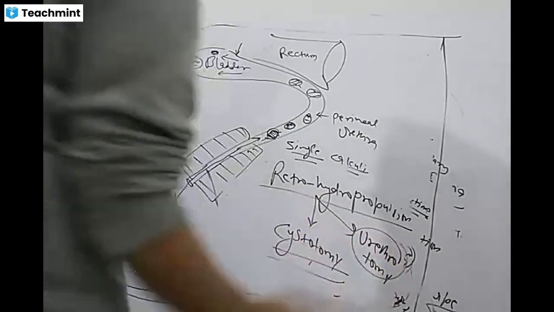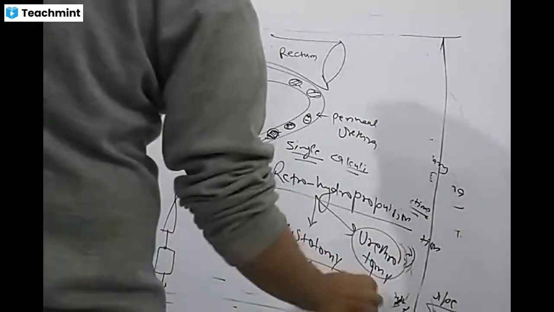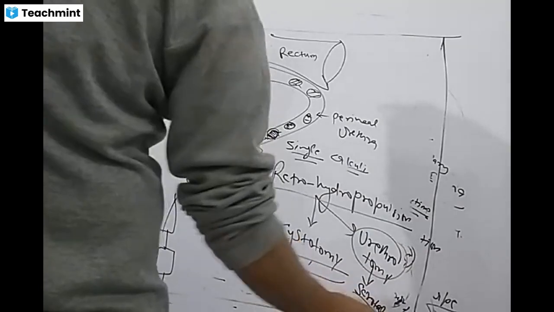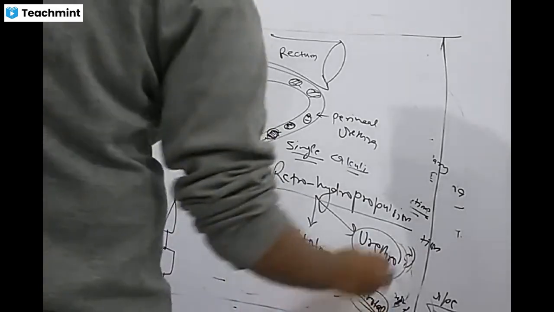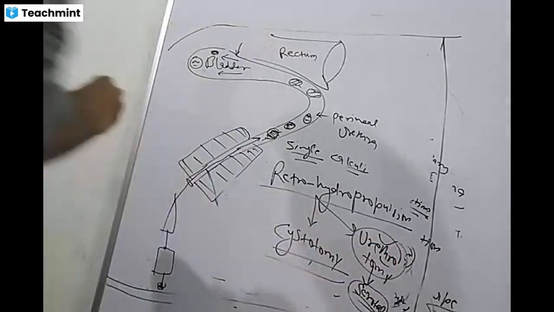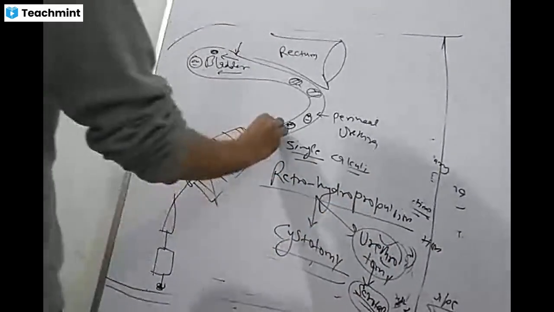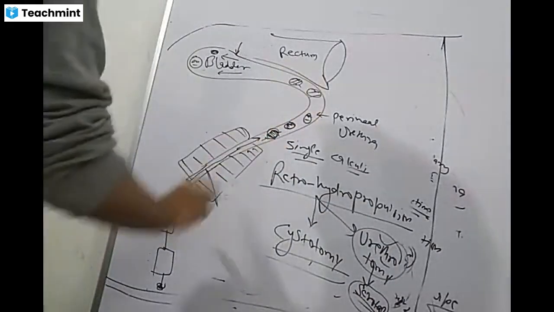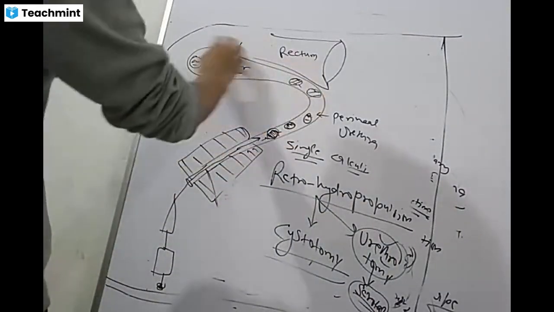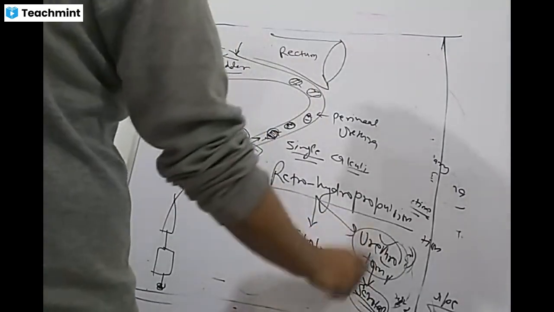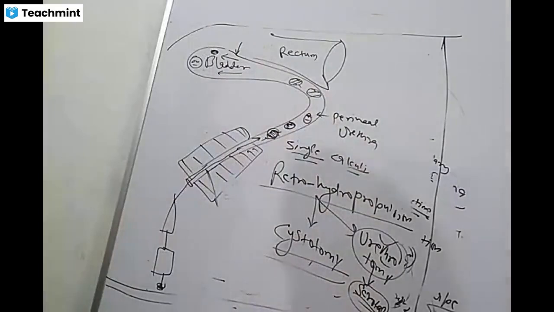In dog, the commonly used technique for urethrotomy is scrotal, not prescrotal. If multiple stones are present and you cannot push them into the bladder, you can go for scrotal urethrotomy in case of dog.